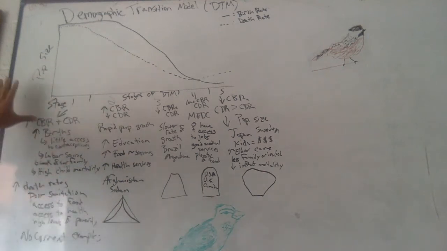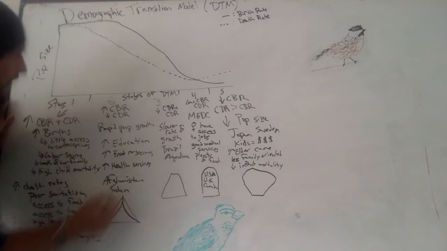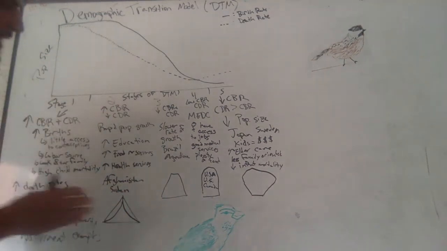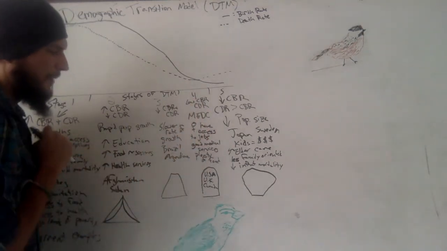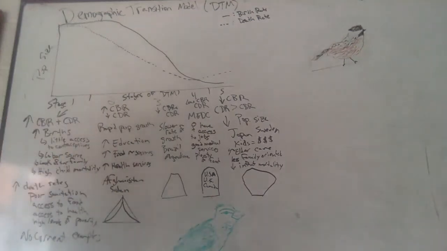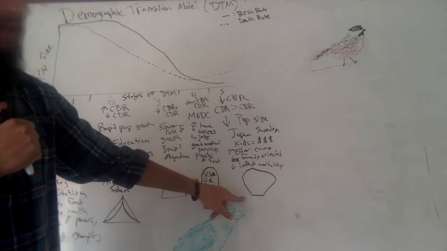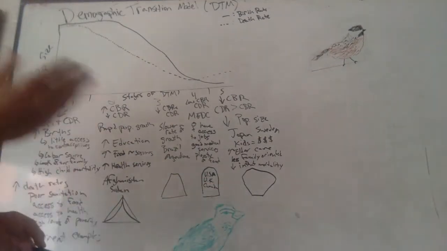Probably not going to be stage 1, but is it more of a developing country with that kind of traditional pyramid, and maybe they're trying to lower their birth rates? Is it one of these intermediary positions where maybe they're just trying to keep things as they are? Or are they in this stage 5 where it's an inverted pyramid and they're actually trying to increase their birth rates to try to replace that population?